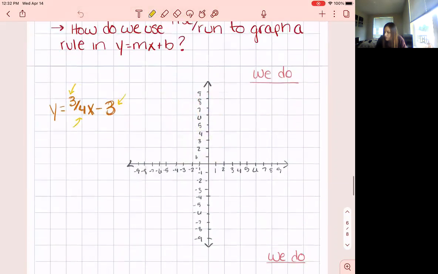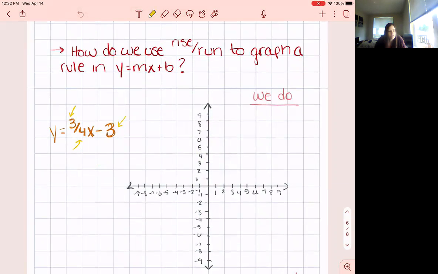I've drawn little arrows to all the important pieces that we need when we're graphing. So we know that this whole thing is our m, so that's going to be our slope. But particularly because it's a fraction, I've drawn an arrow to each part of it.